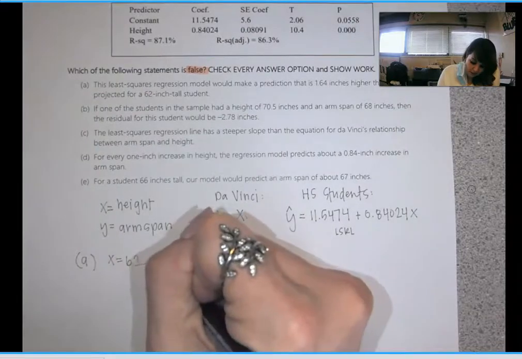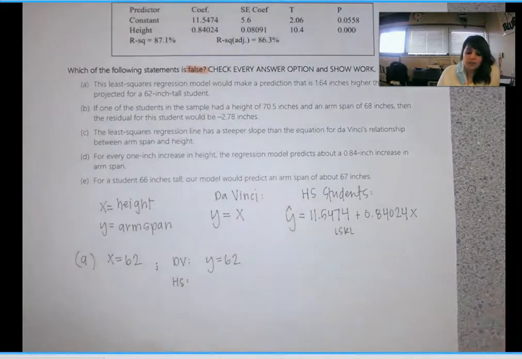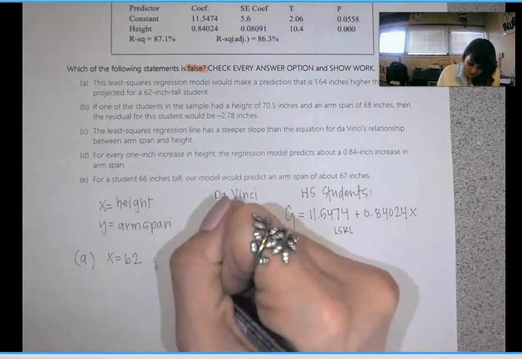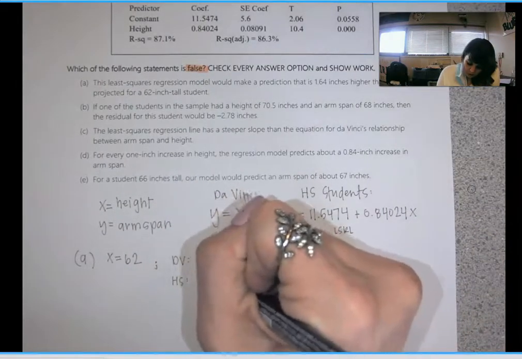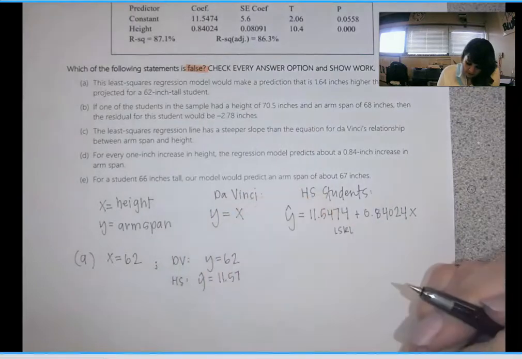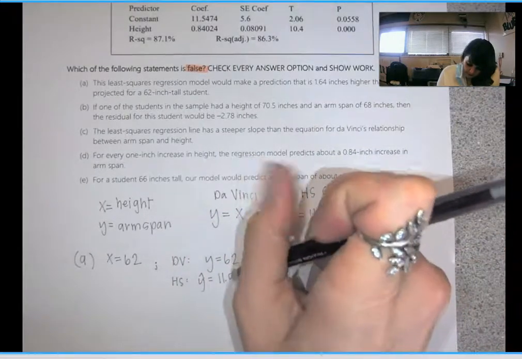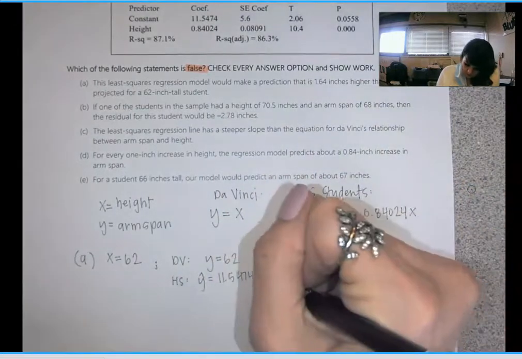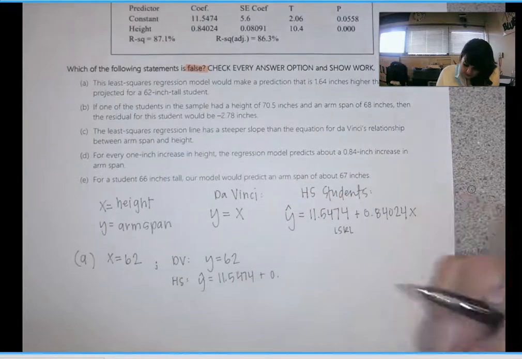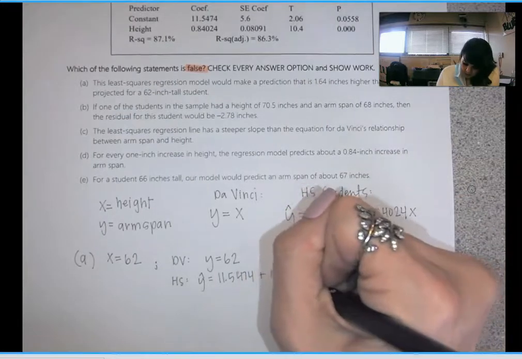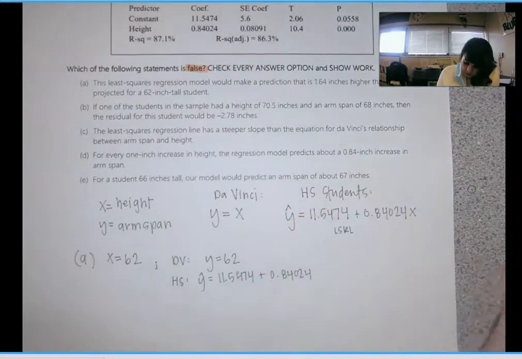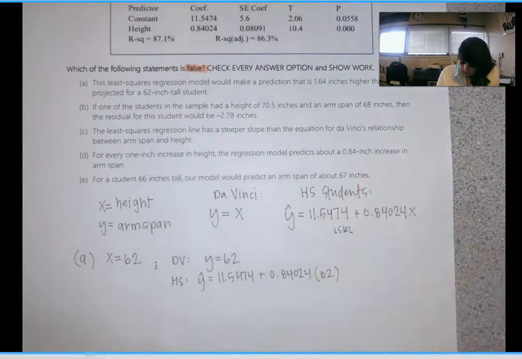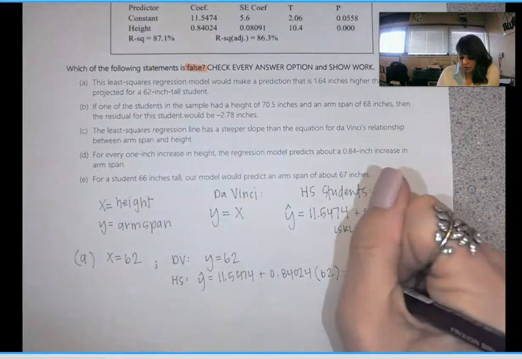For our high school students, we actually need to plug that in. So we plug in 11.5474 plus 0.84024, plug in the 62.